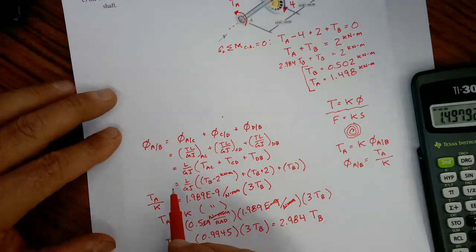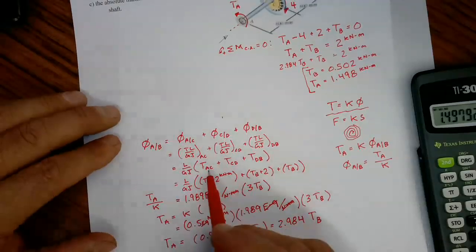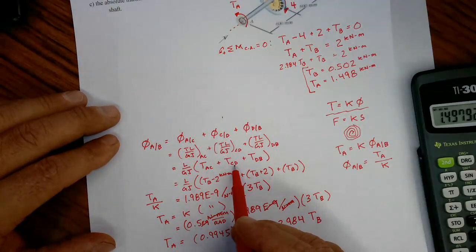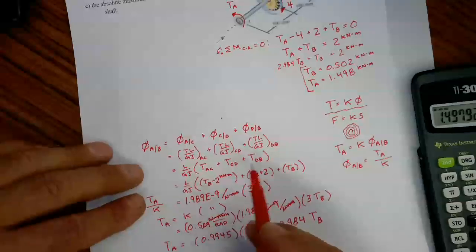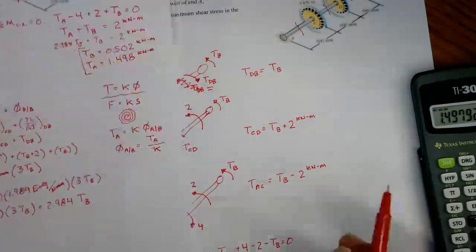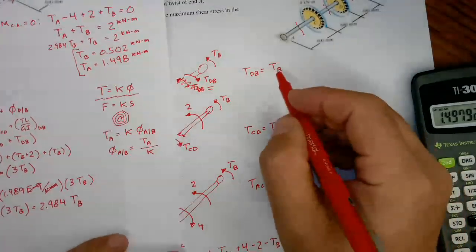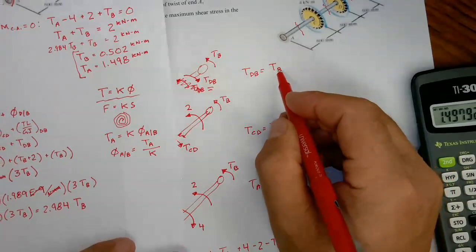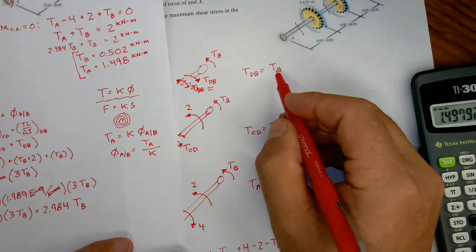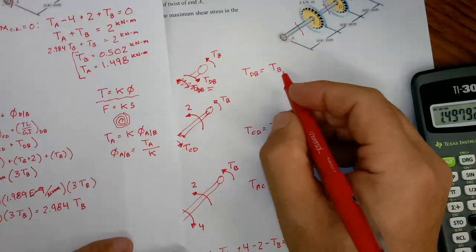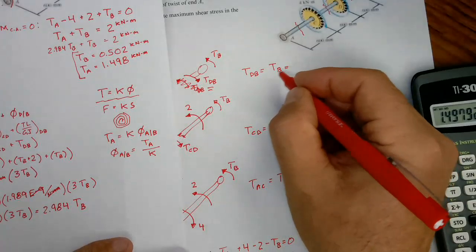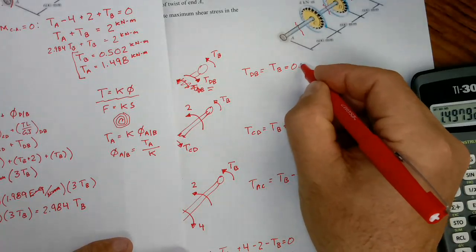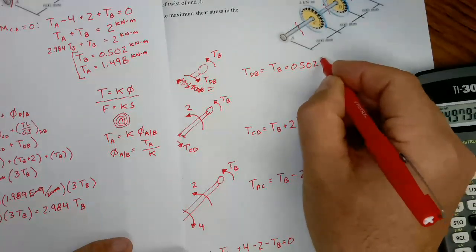Let's calculate TAC, TCD, and TDB. That's why it has the other sheet of paper. TB is 0.502, and so the internal torque is also 0.502.